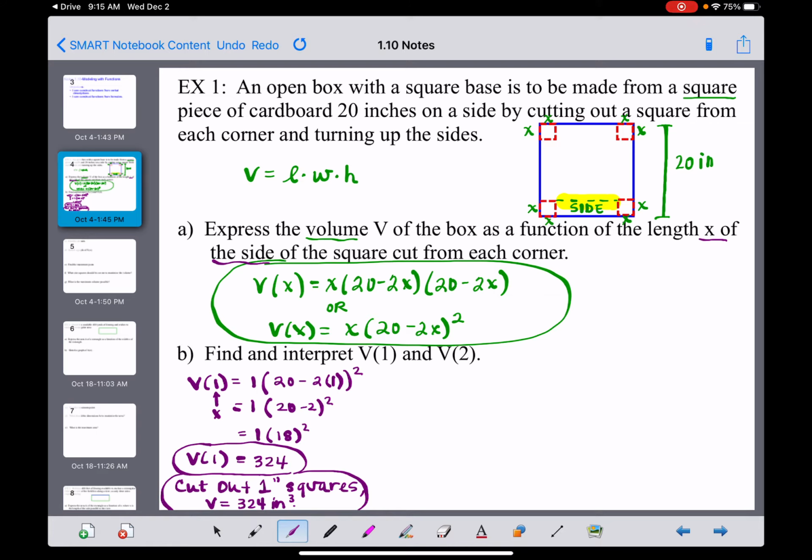So then it wants us to interpret V of 2. So you guys should be able to do that. You're going to do the same thing we did with V of 1. You're just going to sub in a 2. So use your calculator there.